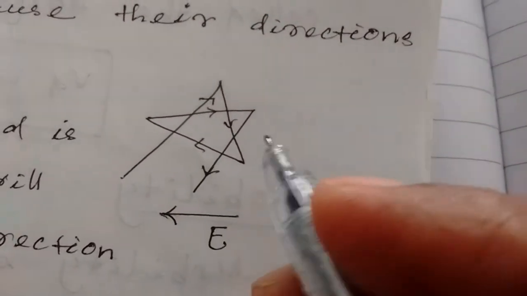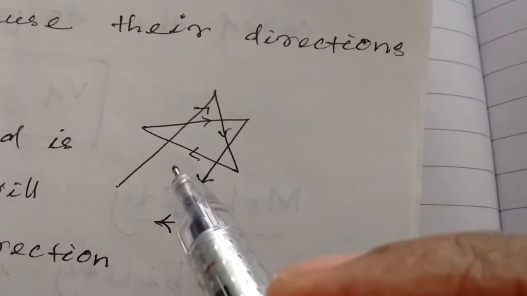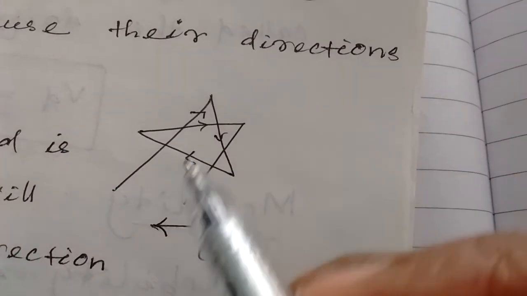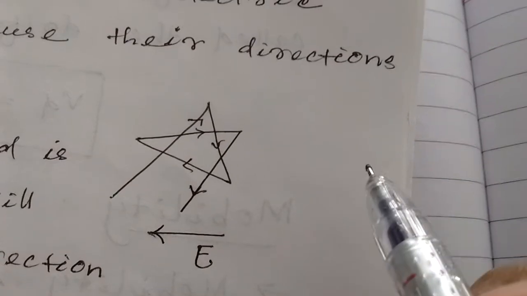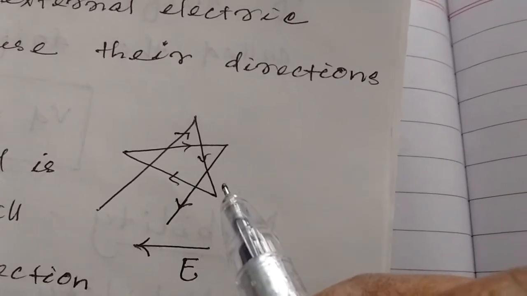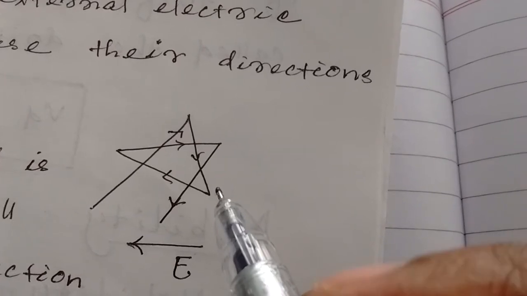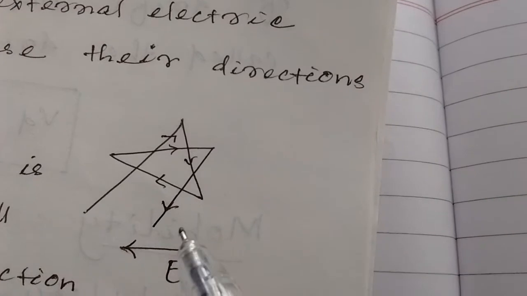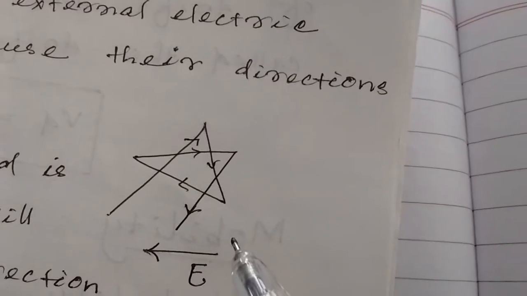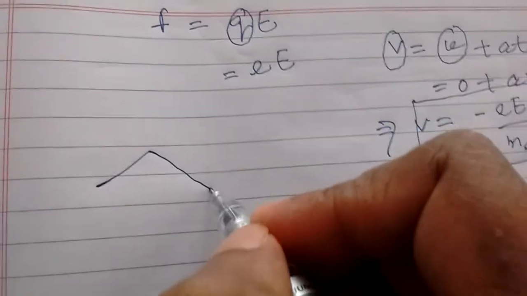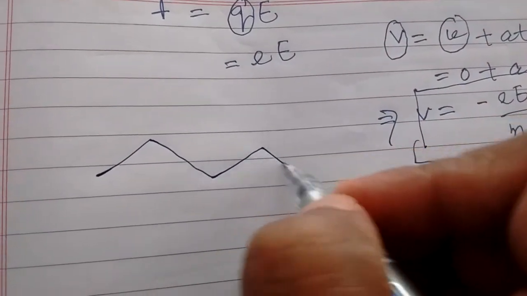But the question is, is there a totally free path for this electron to travel throughout the material? No. It will get collided. In whichever direction it goes, it will get collided with other molecules, atoms, whatever. That means the electron has to move in random collisions in between its path.